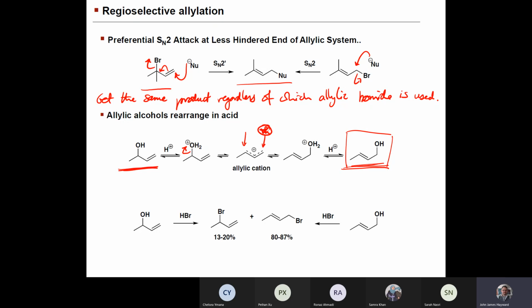It doesn't mean it's the only one. Okay, so you would get the same product mixture from either alcohol starting material.